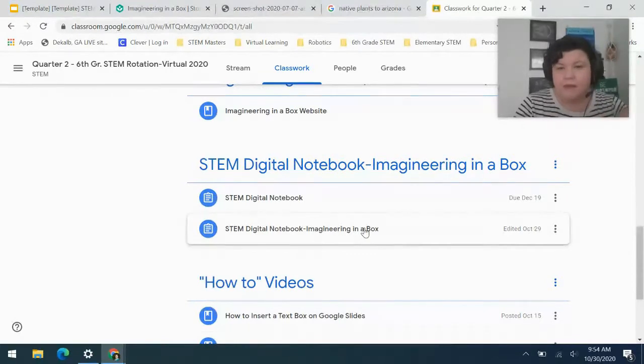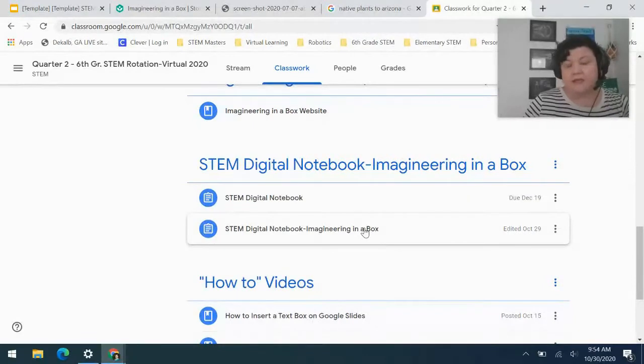You make a copy and then you use it. That's where you fill in pages 16, 17, and 18, or all the different pages on the assignments. You're not doing it on an actual notebook, you're doing it on the digital notebook, so you can submit it at the very end of the quarter.